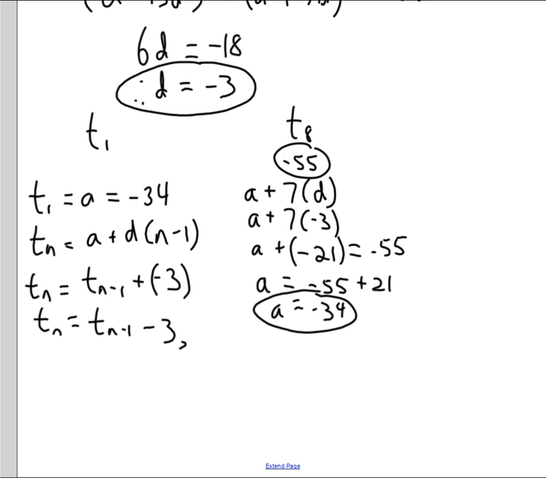Between that and telling us that term 1 is equal to negative 34, that would be a recursive formula. That's where we'll stop today.